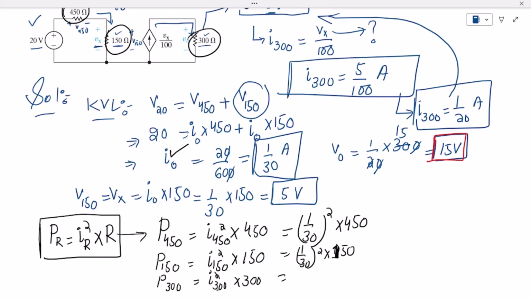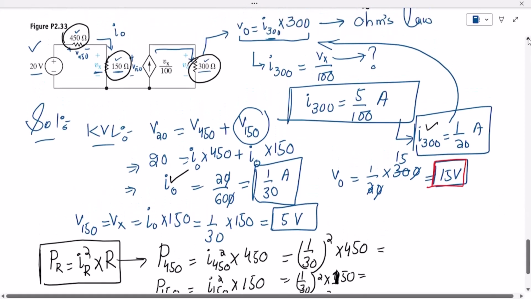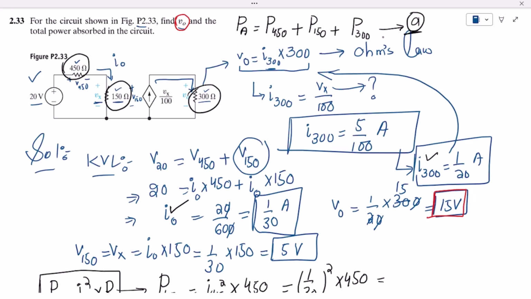And the value of I300 square, this is I300, so it will be 1 over 20 whole square multiplied by 300. So find the values from it and then add them here. You have to just calculate them and then add them all together. You will get the total power absorbed.